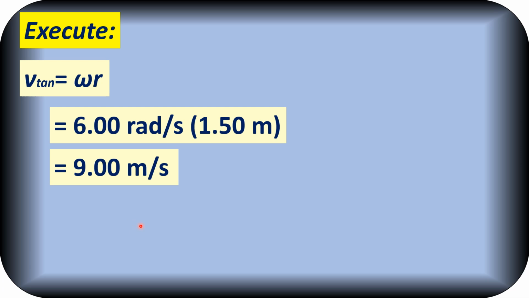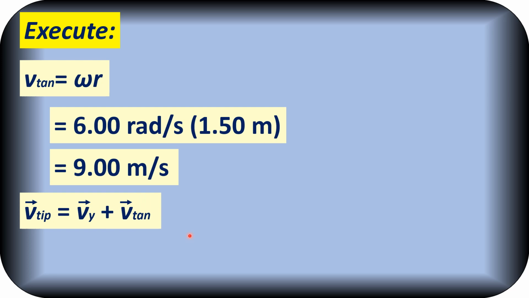So, we can calculate the resultant speed v sub tip using the Pythagorean formula.